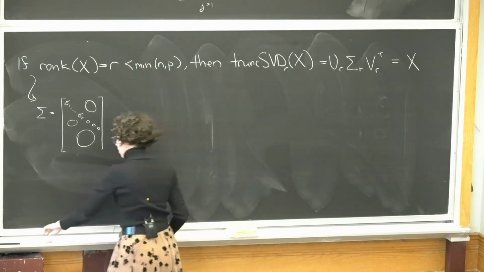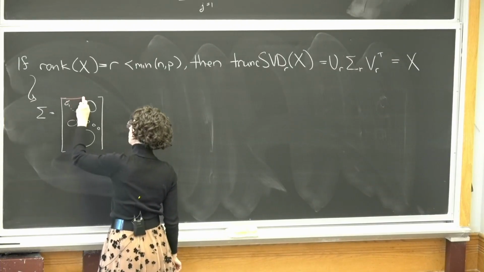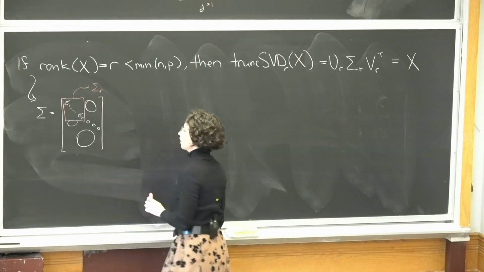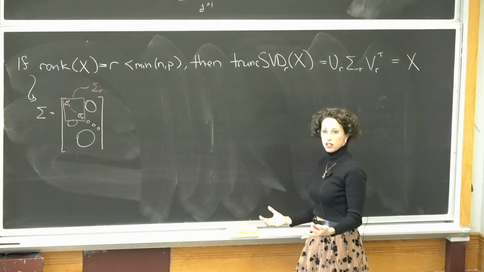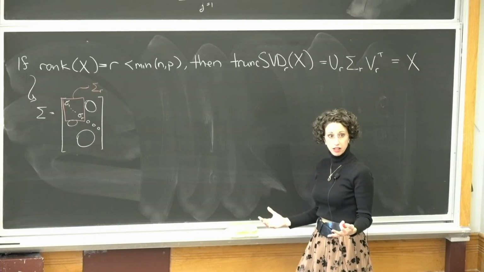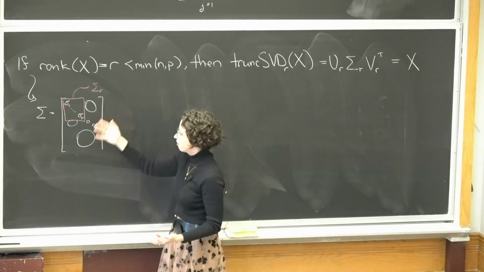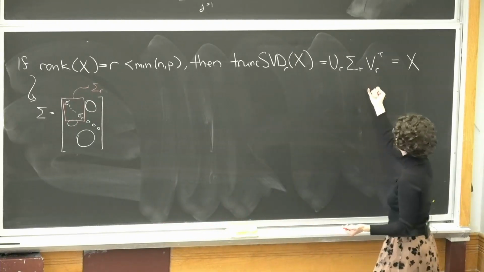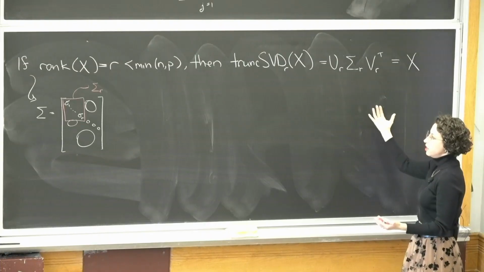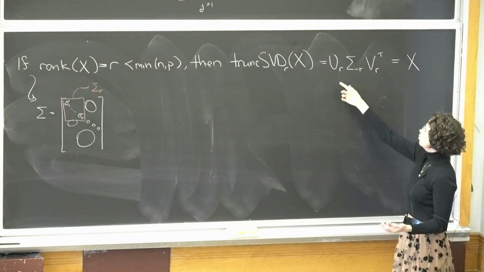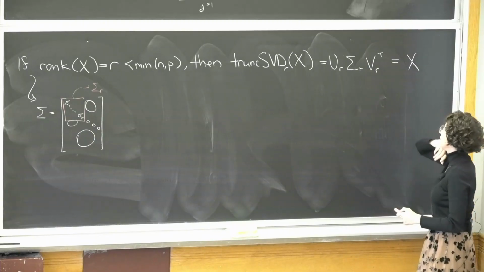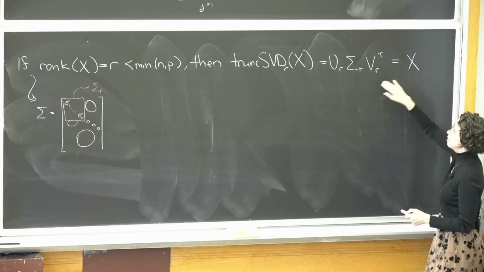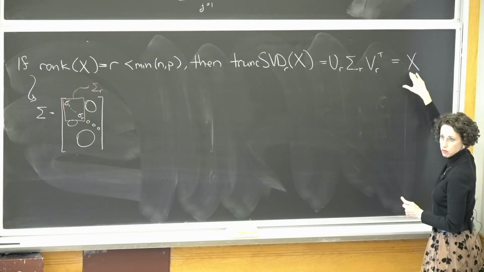So if I now clip this, if I just keep the top R by R block, and this is Sigma_R, then I haven't lost any information. I haven't deleted anything. The only thing I've cut off are a bunch of zeros, which weren't contributing to this product anyway. And so when I do the truncated SVD, and I truncate to R basis vectors and R singular values, this product gives me exactly my original matrix X.